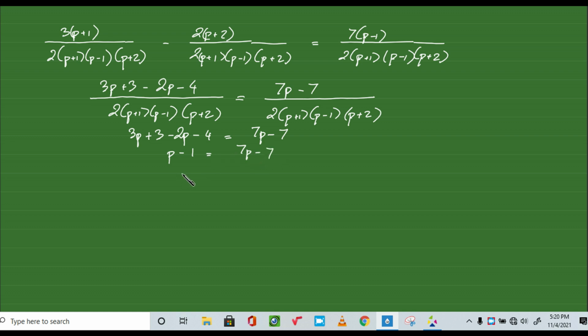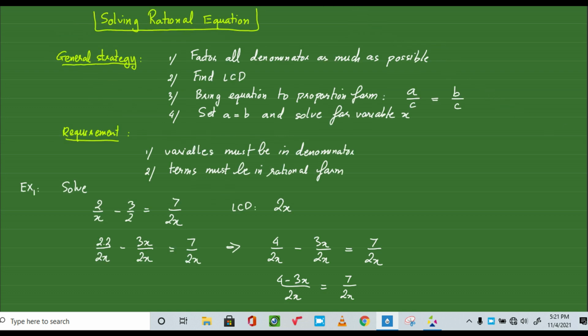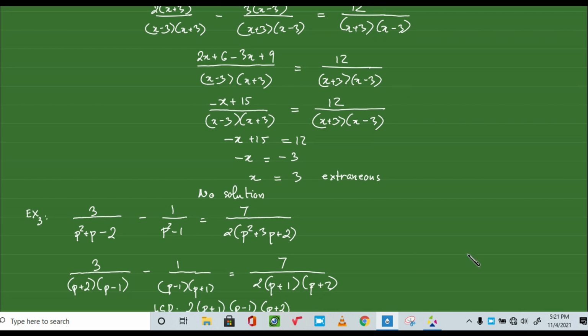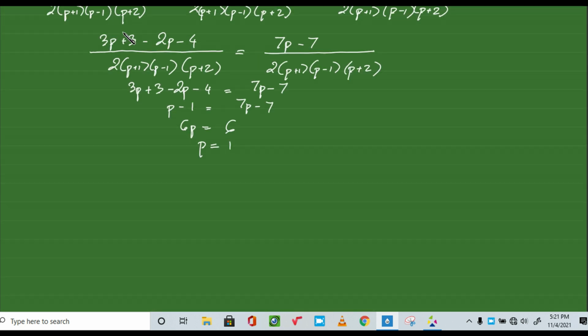So 6p equals 6, so p equals 1. And I don't know if I got anything wrong over here. I think there's something wrong, right? Because I should multiply over here by 2 on the top also, because this 3 is already missing, so there should be 6 right here.